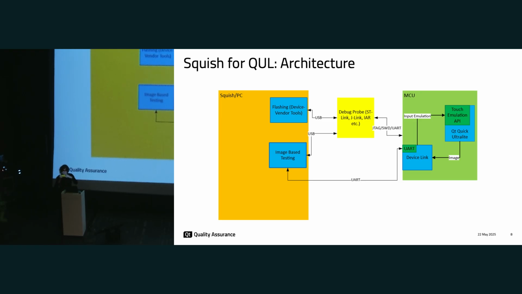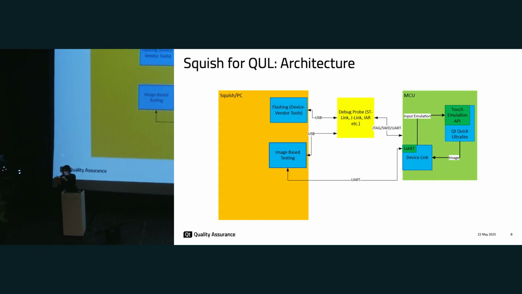This yellow thingy my board is on, it actually happens to be yellow on my slide as well. It's the debug probe, which is an additional board the device is on, and it helps me, for example, to upload the testable application to my device.